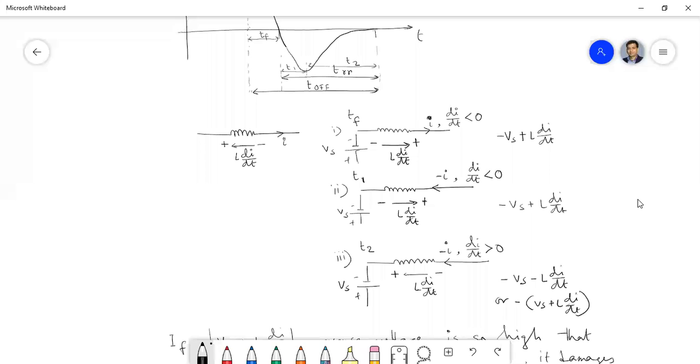And if some stray inductances are coming, that you can consider for reducing. So the VL value you can change, but not by that amount. What else can you change? What else can you modify to get a reduced L di/dt?